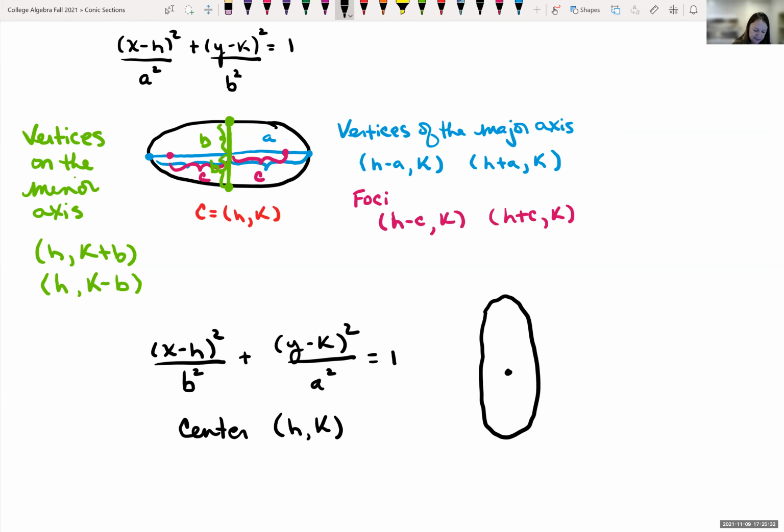And so if this is h, k here, and we wanted to get the vertices of the major axis, that means we are going to go up a from the center, and we're going to go down a from the center.